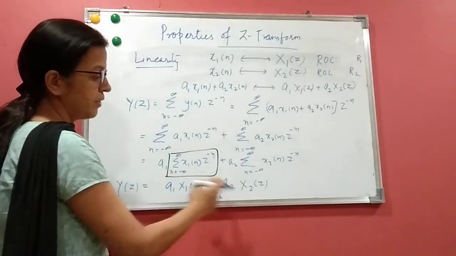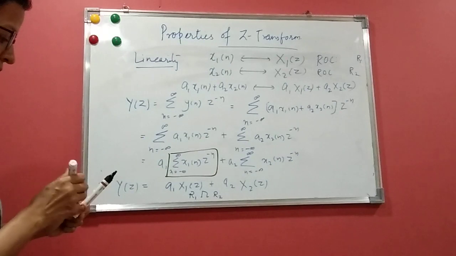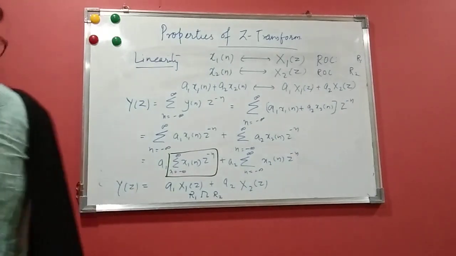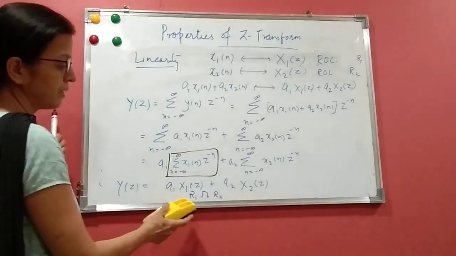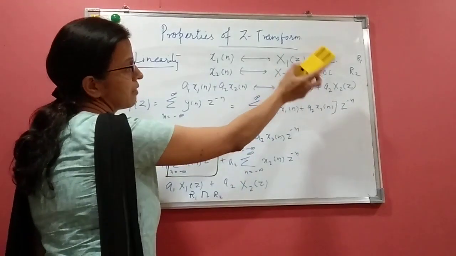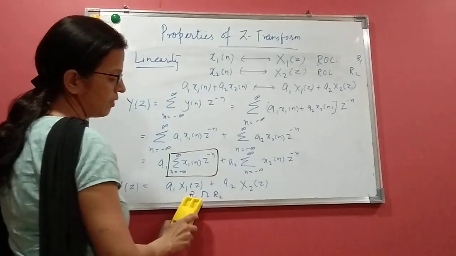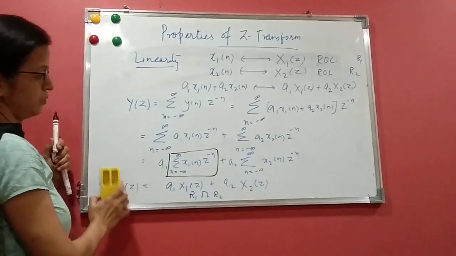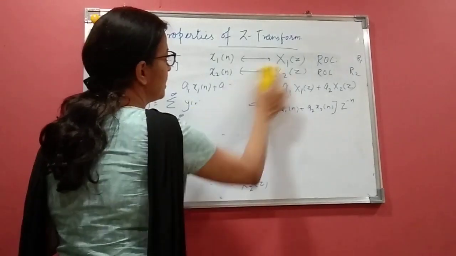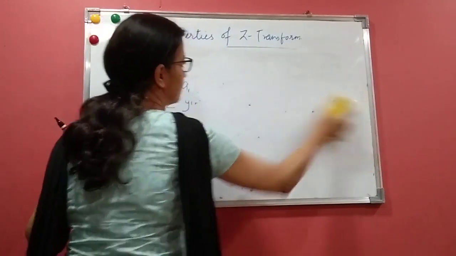This is the linearity property. The ROC is important: if the ROC of this is R1 and this is R2, the addition or subtraction or anything will have the intersection of R1 and R2. The next property is the time shifting property.